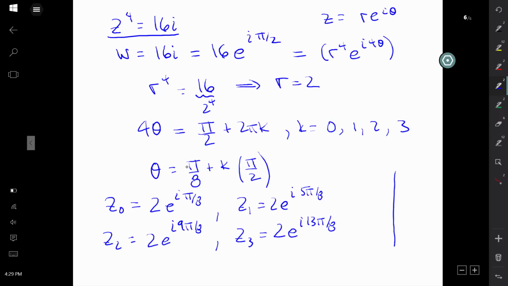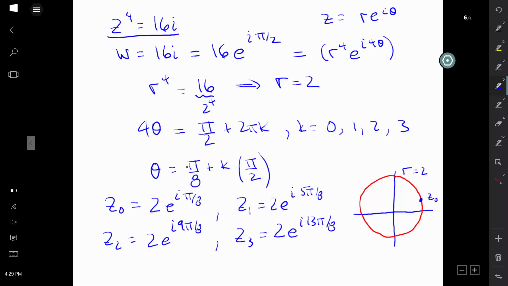And again, if I were to plot those points, pi over 8 is somewhere, it's half of pi over 4, it's somewhere down here, right? And actually I should be careful, it's not the unit circle this time, right? Because r is equal to 2, so it's a circle of radius 2.